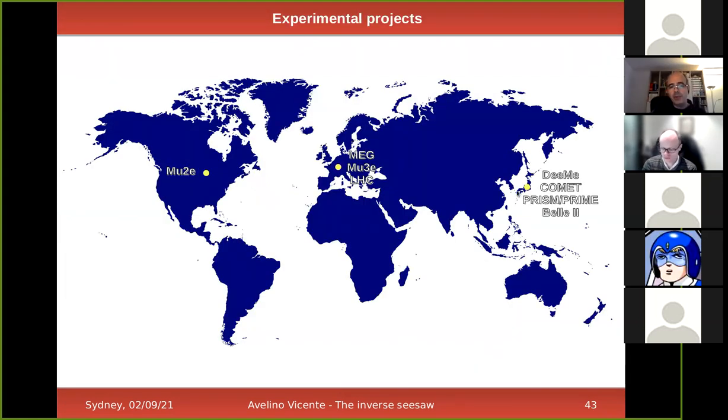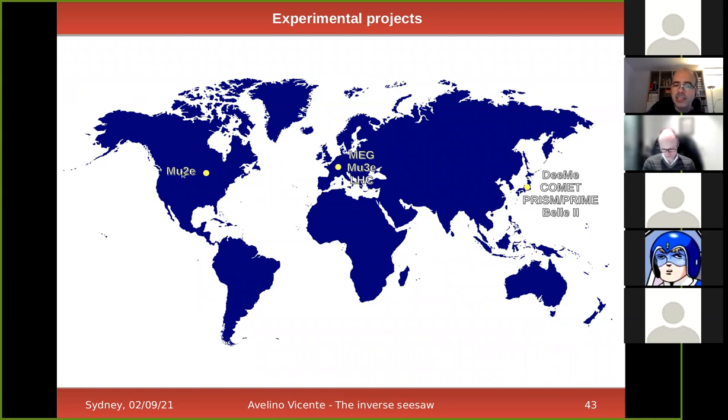And the experimental effort is actually basically a worldwide effort. There are experiments in several nodes. For example, in Europe, you have MEG and Mu3e as specialized experiments looking for flavor violation. Also the LHC, because in principle you can also use LHCb and the high energy collisions to look for flavor violation.